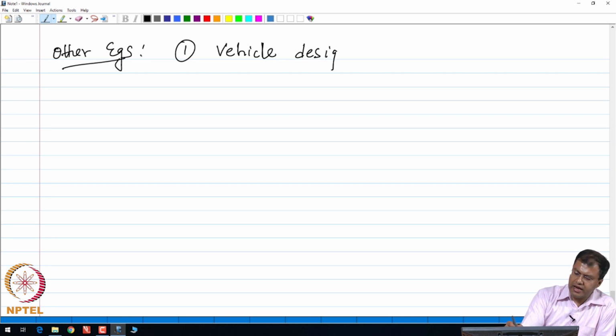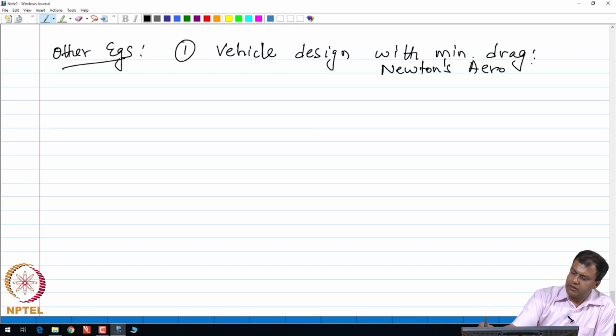So, the vehicle design with minimum drag. The class of this problem belongs to Newton's aerodynamic problem. We will go through this in detail over another lecture.